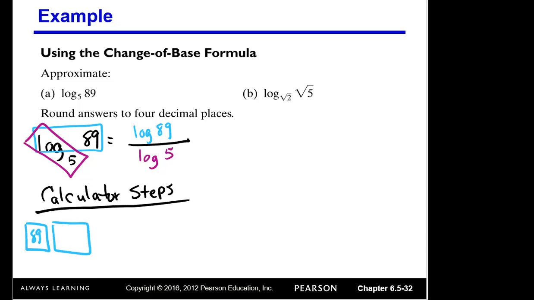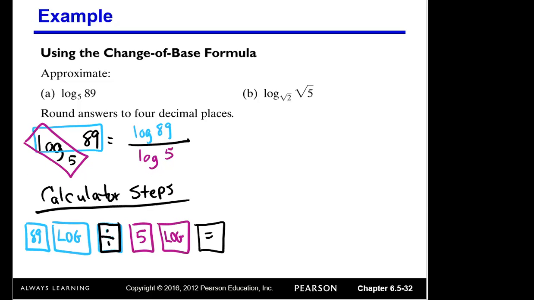Then you're going to hit that LOG button. Then you're going to hit the division sign. I'll do that in black. The division sign. And then you're going to hit the 5 and then hit the log button again. And then you will hit your equals button.